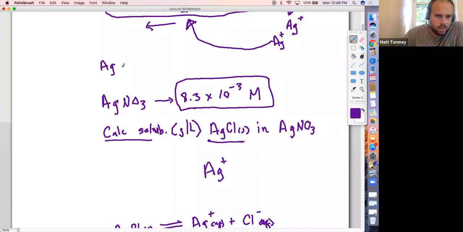So we're going to pop back up here and say AgNO3 is a solid. Now, in this case, this is not in equilibrium because NO3 is a strong electrolyte. That means it dissociates 100%, similar to something along the lines of HCl.